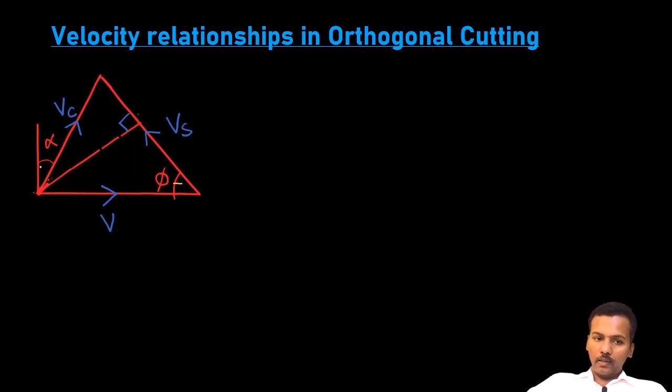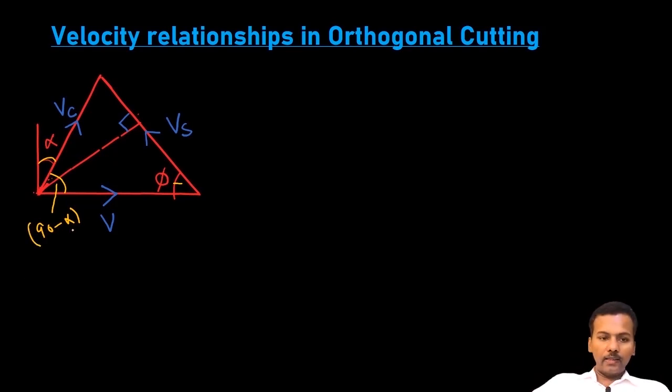Now we know that along the rake surface, the chip is flowing. So if this angle is alpha, then this angle will be 90 minus alpha.